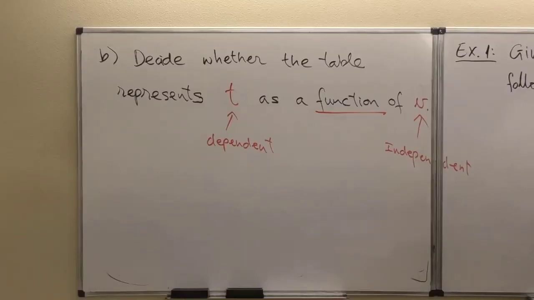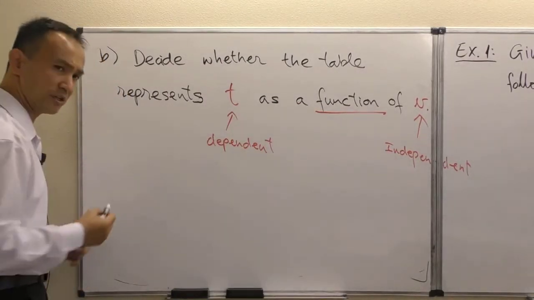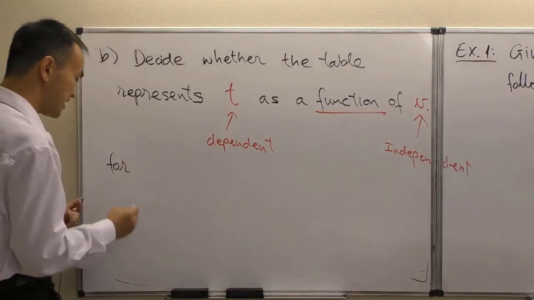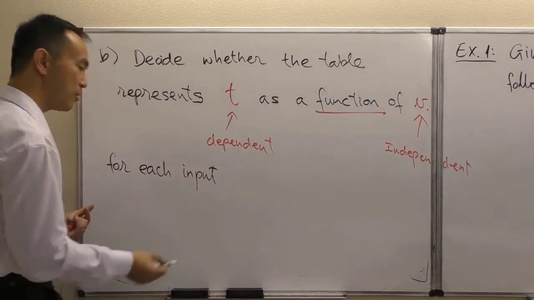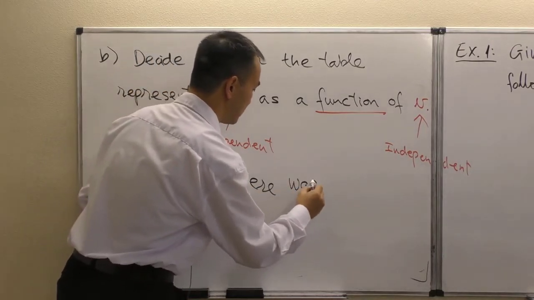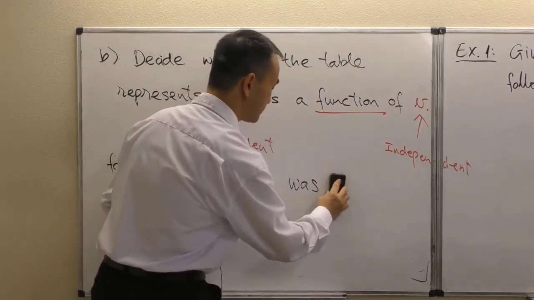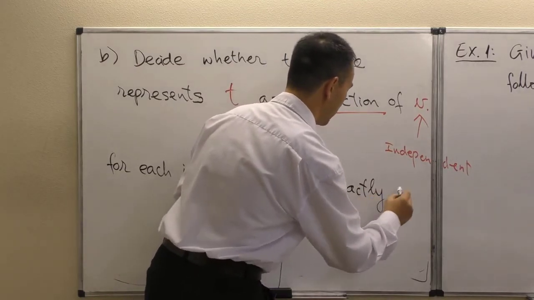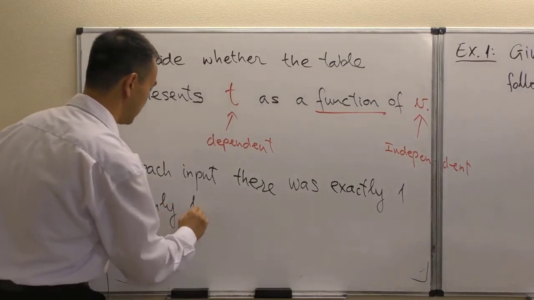And so now, according to the demonstration I have just done, with that same reasoning, we observe that for each input, I found exactly one and only one output.